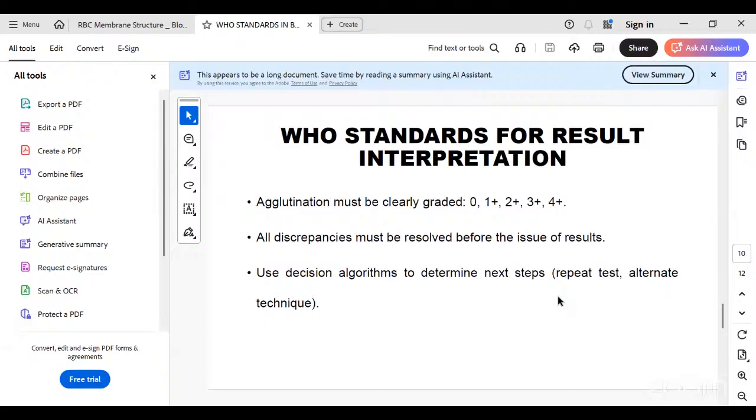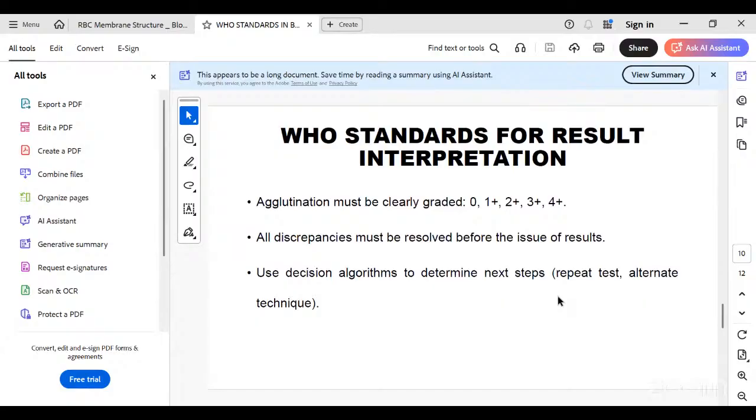Then 2 and so on, according to the strength or the avidity of what you are seeing. That's how you grade. You don't put minus or plus, or NR, non-reactive, or R, reactive, for any serological test in the blood bank, apart from the TTIs.